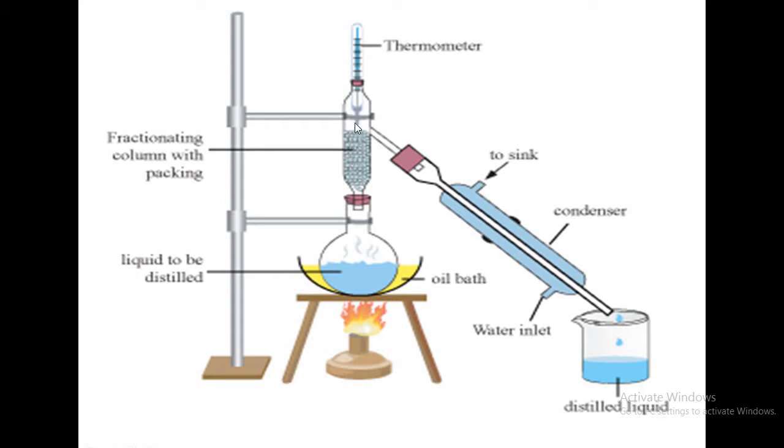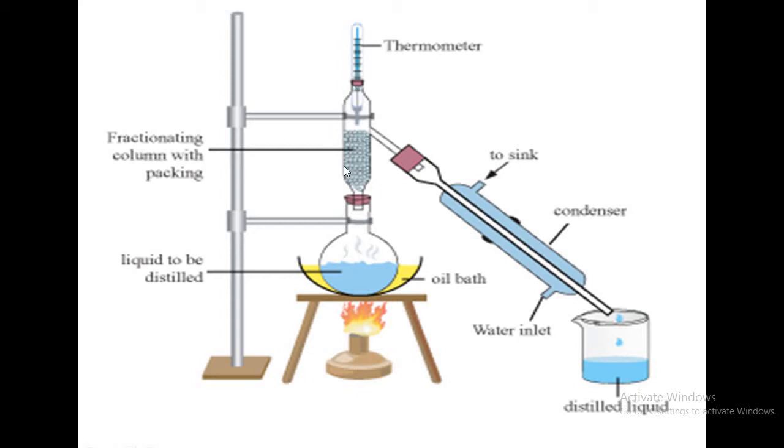So basically this fractionating column is attached to three components of the apparatus: the round bottom flask, the thermometer, and the condenser. The round bottom flask acts as a container to keep the liquid that we need to distill, like the example of ethanol and water I just gave, and we are going to distill this mixture and see how it works.